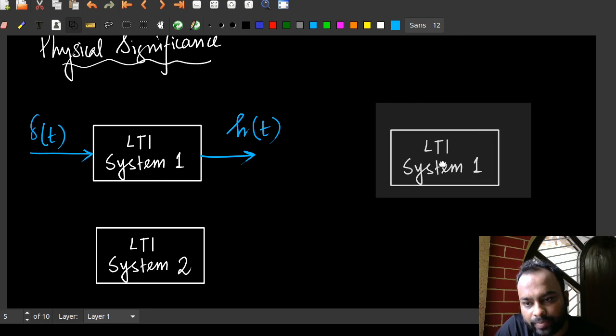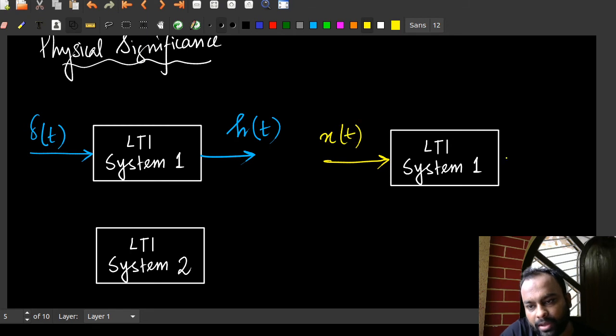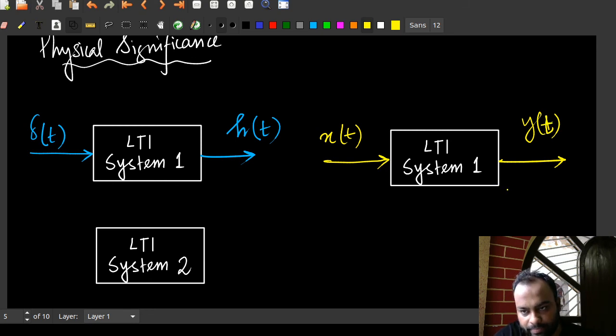And then if I excite this LTI system 1 with any arbitrary input x(t), I would get an output y(t). And how do I calculate y(t)? y(t) is simply going to be the convolution of h(t) and x(t), right?